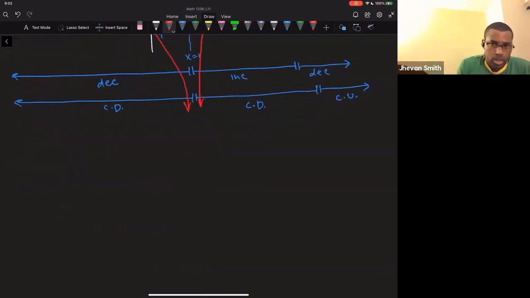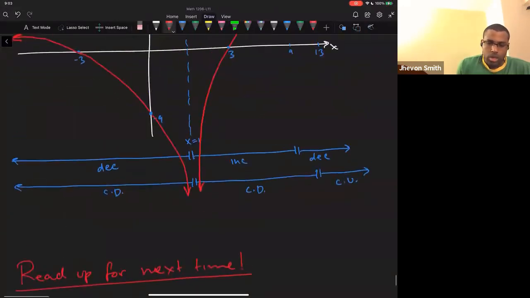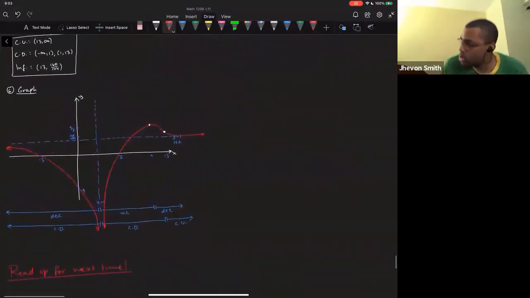So that's all I want to show you with curve sketching, because those are the kinds of problems that I'm going to ask you.